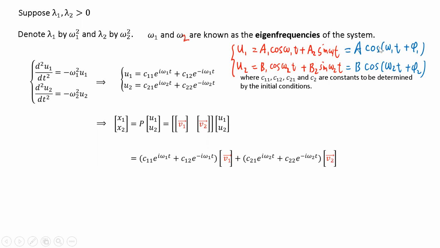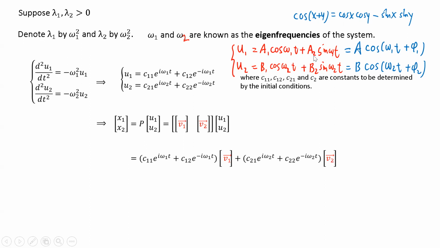If you don't remember why, just remember the following formula: cosine of x plus y equals cosine x cosine y minus sine x sine y, right? If you expand this, you can see the relation between A and phi1 and A1 and A2.